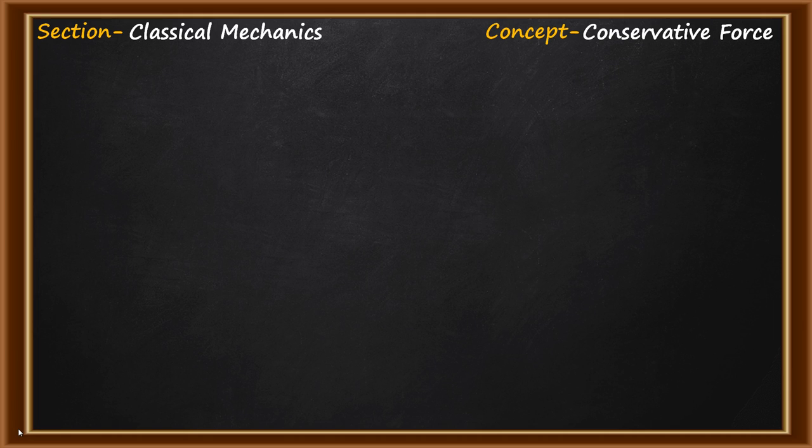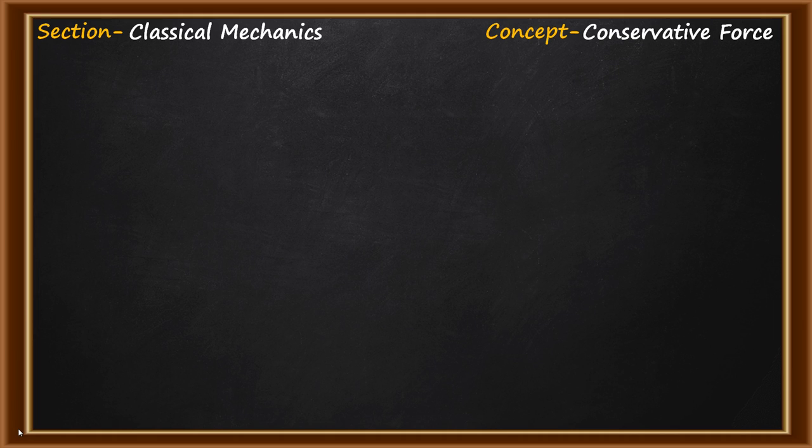So let's get started. This question comes from the section Classical Mechanics and the concept involved here is the conservative force. To understand the concept of conservative force, think about the conservation of energy. For any kind of system, there may be a transition between kinetic energy to potential energy or vice versa while working, but the total energy is always conserved at any point of time.